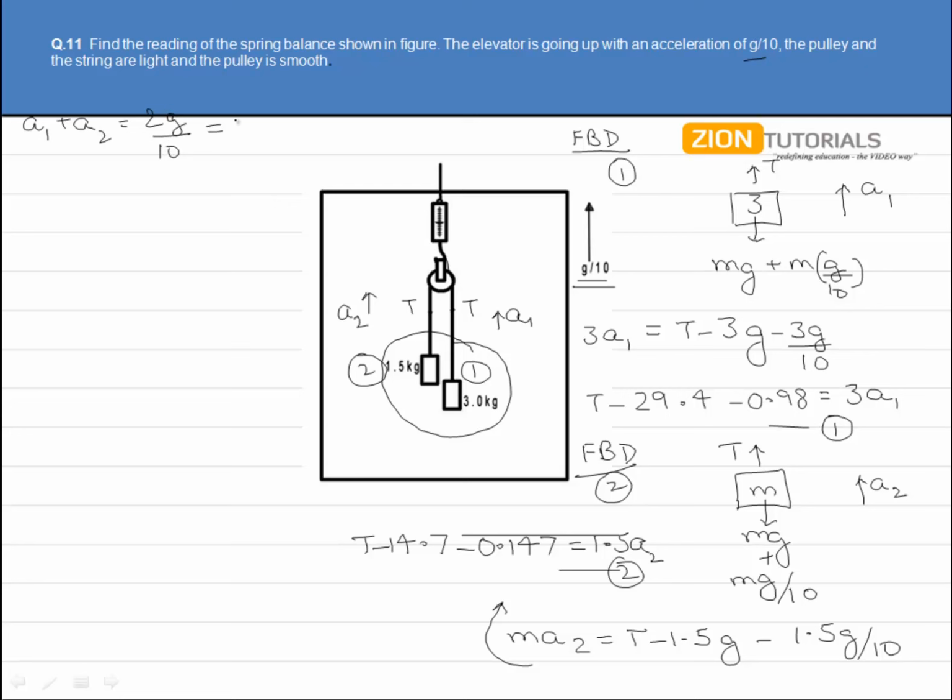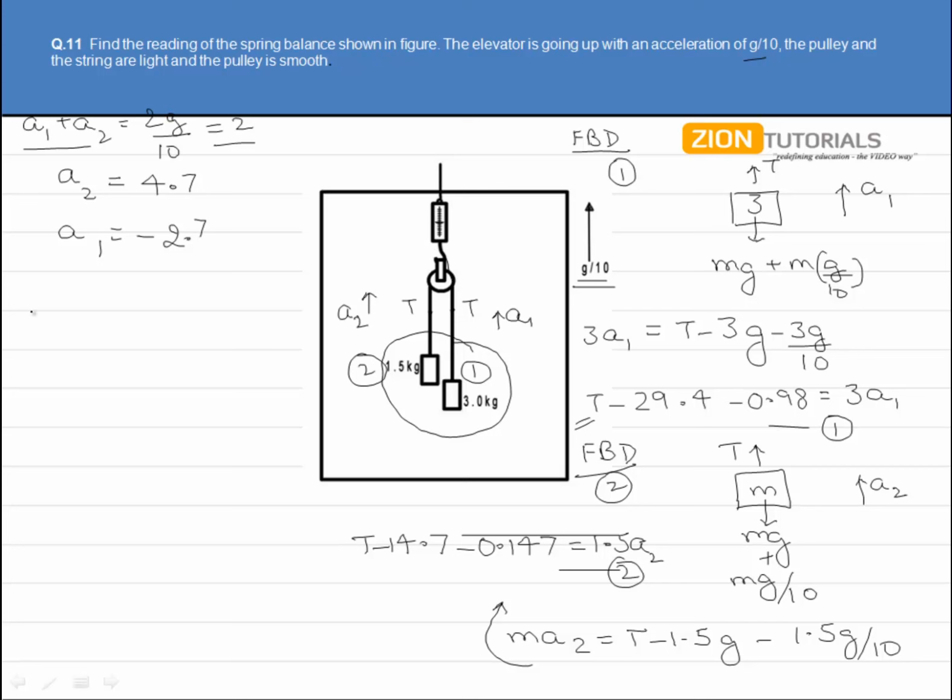Taking this approximately to be 2, we put a1 equals 2 minus a2 in equation number 1. So, solving the equations, we get a2 equals 4.7. Then a1 can be found out to be approximately minus 2.7.